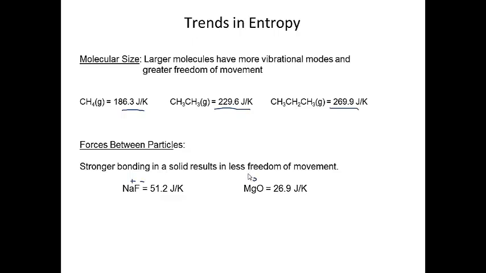The charge on a magnesium is +2, and the charge on an oxygen is 2-. The ionic attraction between the magnesium and the oxygen ions is 4 times greater than the ionic attraction between the sodium and the fluoride, and because of that, the magnesium and oxygen ions have less freedom of movement because they're more tightly bound, and they have a lower entropy.